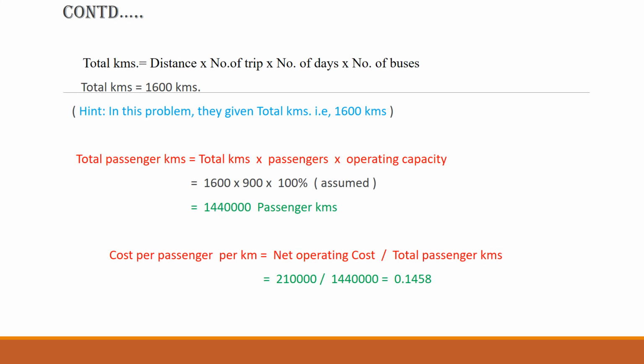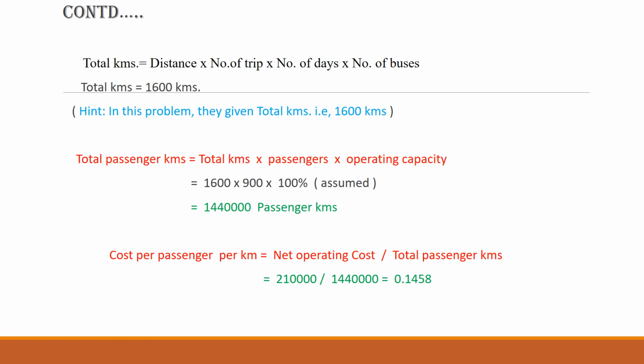Total kilometer is 1600, passengers 900 as the problem specified, but they are not telling the operating capacity, so we assume it as 100%. Therefore 1600 multiplied by 900 into 100% comes to 14,40,000 passenger kilometers.